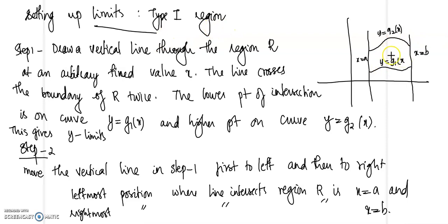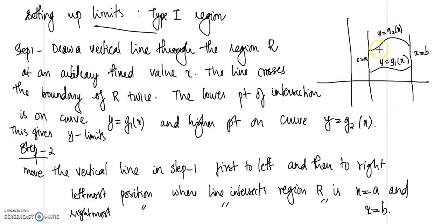So this is the form of a type 1 region. You have the left and right bounds x equal to a and x equal to b, and it is bounded below by y equal to g1 of x and above by y equal to g2 of x. Now for finding the limits, there are two steps.